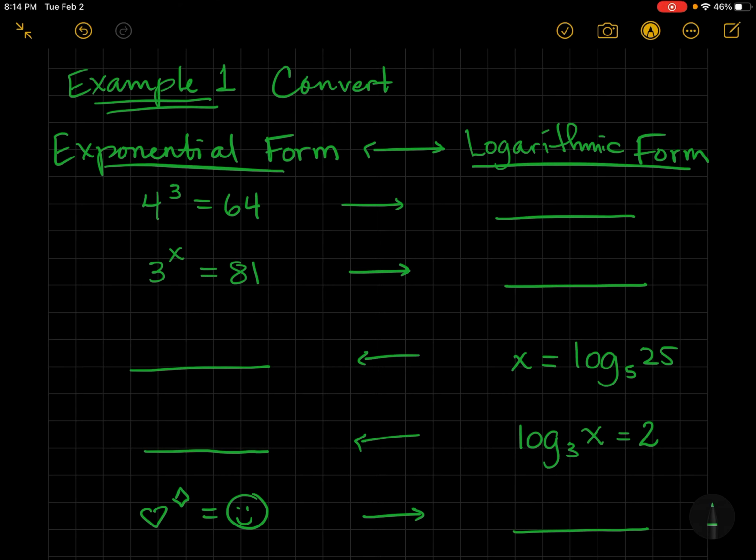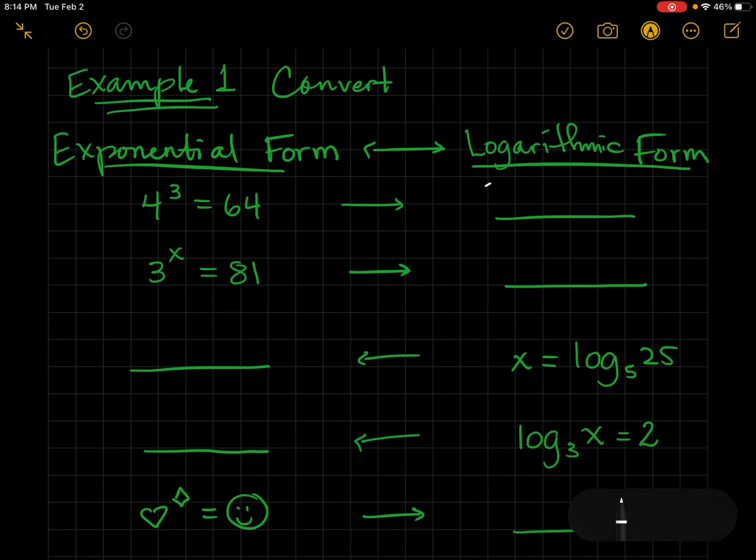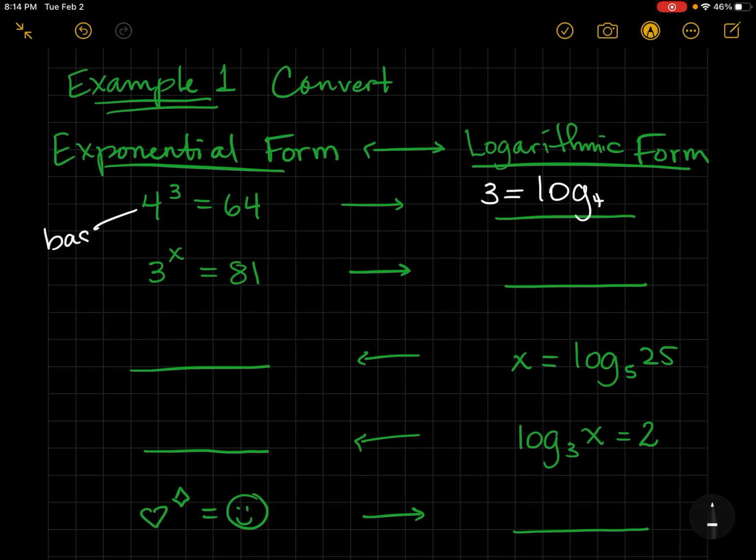Okay, so let's go ahead and convert. The way you do this is you say the exponent equals log with the same base, and the 4 is a subscript. If you notice here, that's the base, that's the exponent.